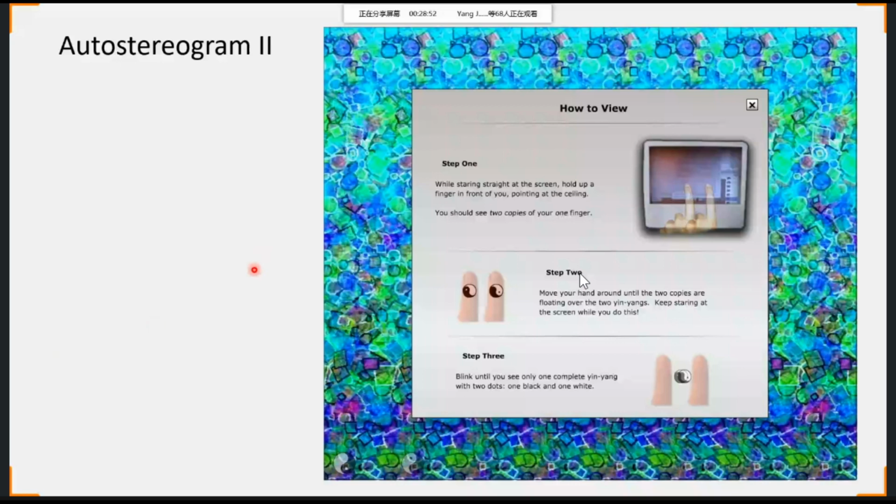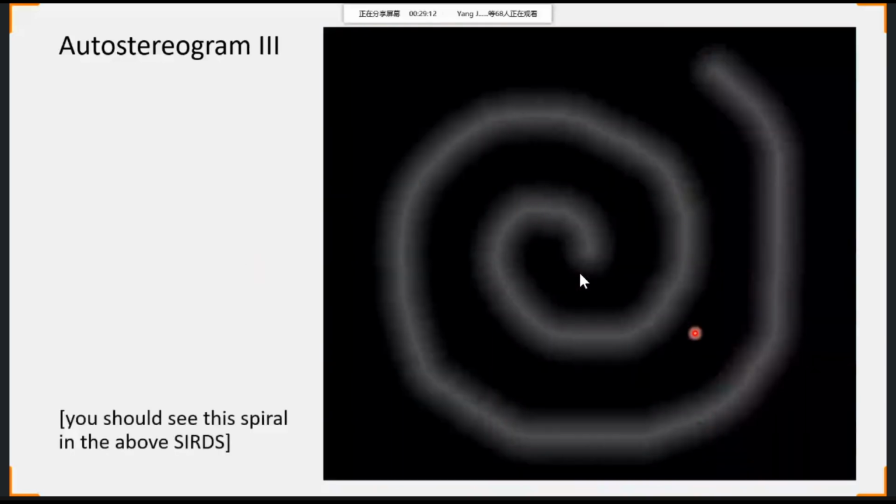But if you manage to see this square in a different level in front of you, then you have already managed to use this technique, this method. So it should then also work here. And you should see something like that. So it's a kind of spiral shape.